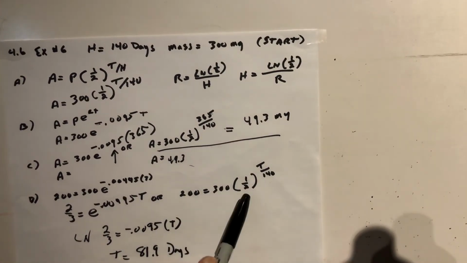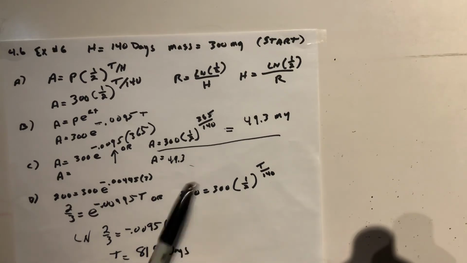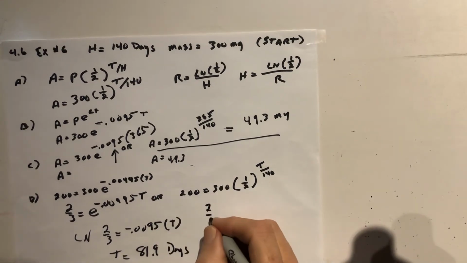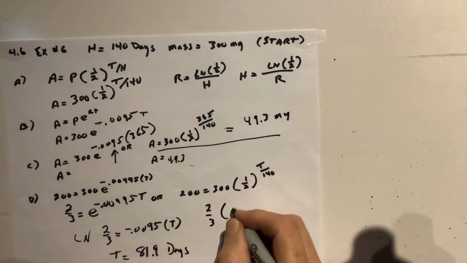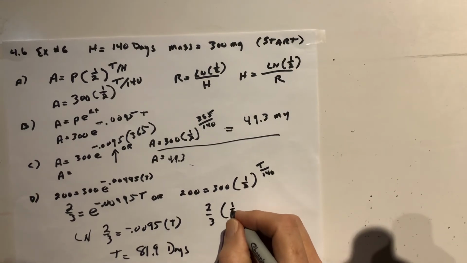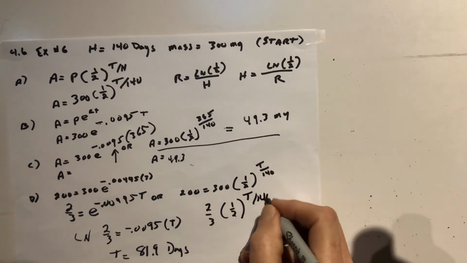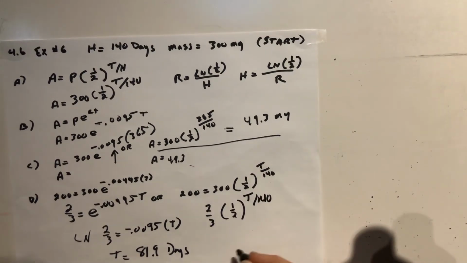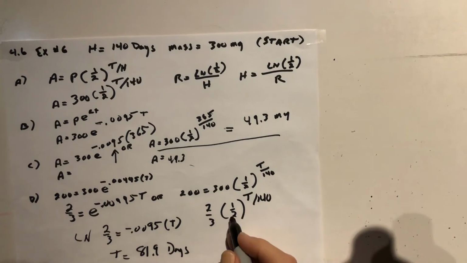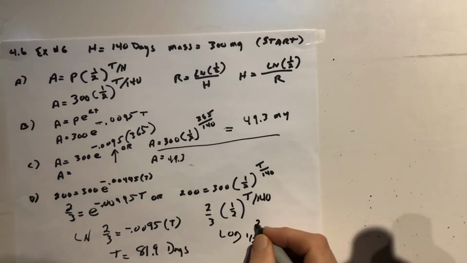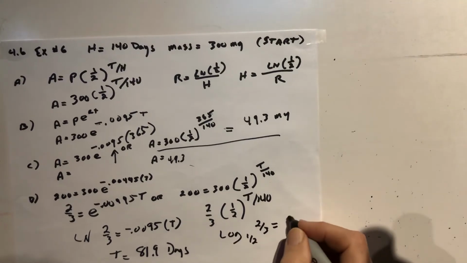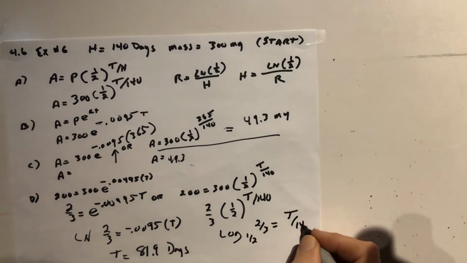Now, if you want to do it with the half-life formula, again, you divide these two and get 2/3 equals a half raised to the t over 140. So we've got to go log. What's our base? Well, this has the exponent, so it's base a half of 2/3 equals t over 140.